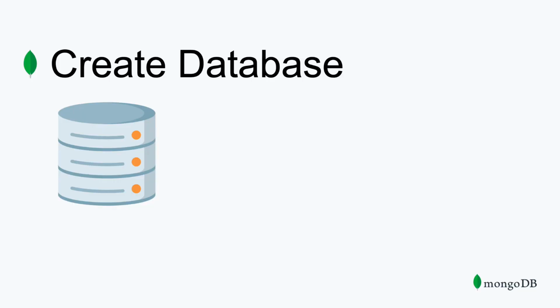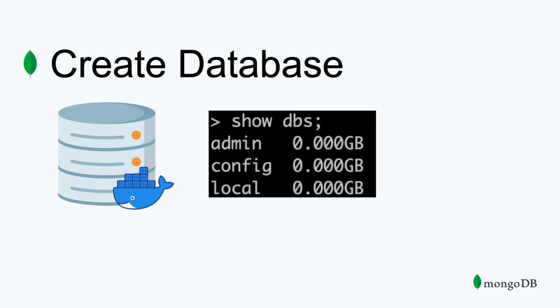So far, we have a Mongo database instance running on Docker, and you've seen that we've connected to our database using the Mongo shell. When we used Mongo shell to show the available databases, we used show dbs, and we had the admin, config, and local.